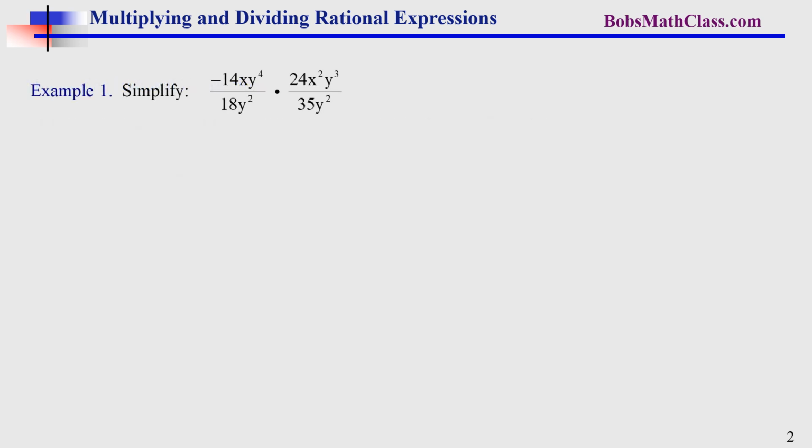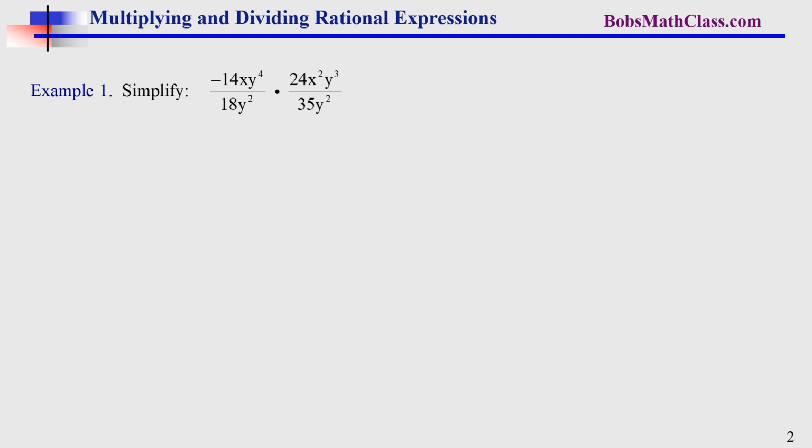Okay, our first example. Go ahead and write the problem down. So we're multiplying fractions. When we multiply fractions, you can multiply straight across and then reduce, or you can reduce first and then multiply straight across.